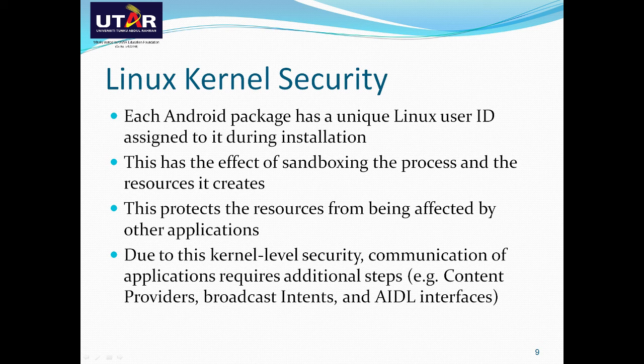These create a sandboxing effect to allow resources to be protected and prevent them from being easily affected by other applications. Due to this kernel-level security, communication between applications often requires additional steps such as content providers, broadcast intents, and AIDL interfaces.